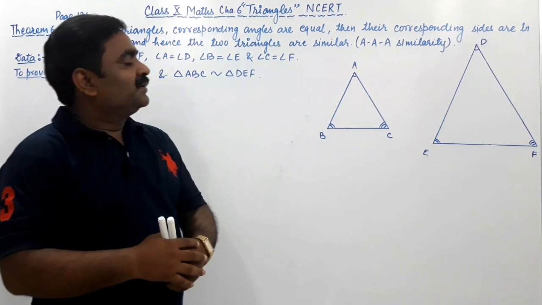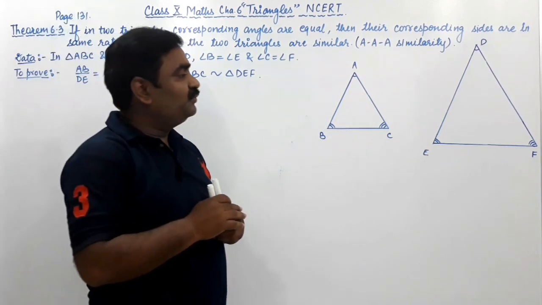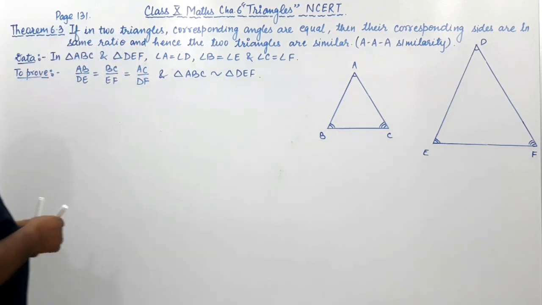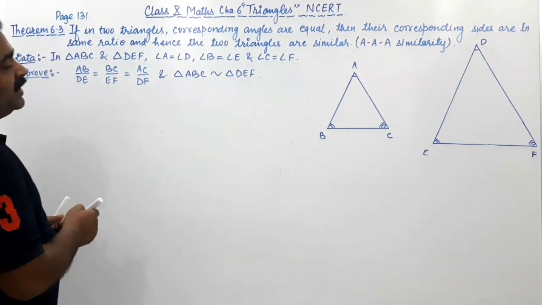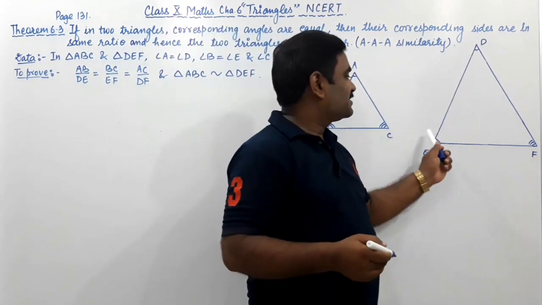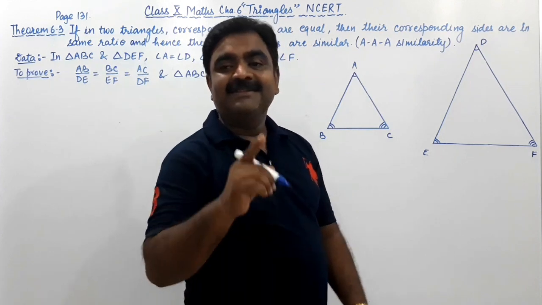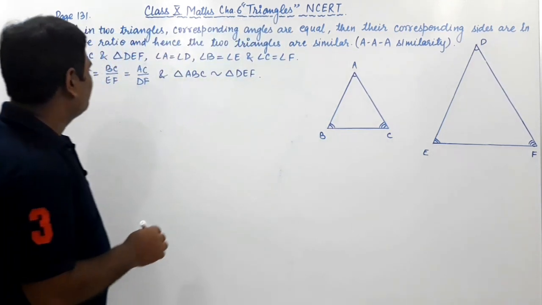Okay, so to prove this theorem, first we have to draw the construction. Take a point P on the side DE such that DP is equal to AB. What construction are we going to do?